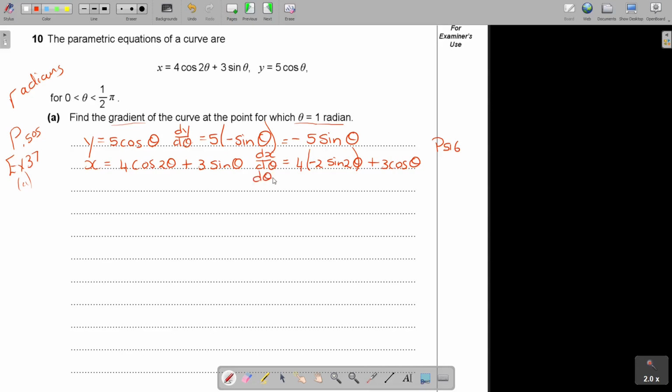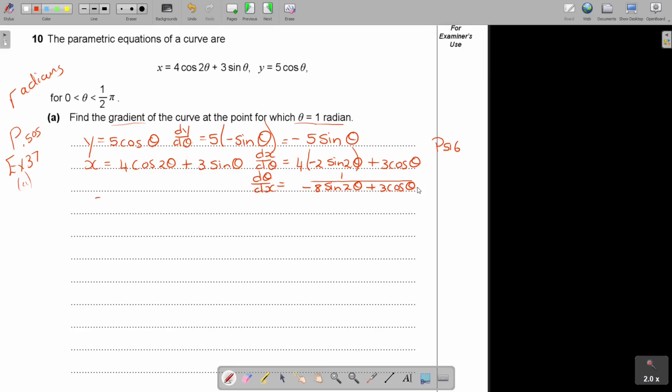Now for this one, I must swap it around. So d theta over dx is going to become 1 over negative 8 sin 2 theta plus 3 cos theta. Why?